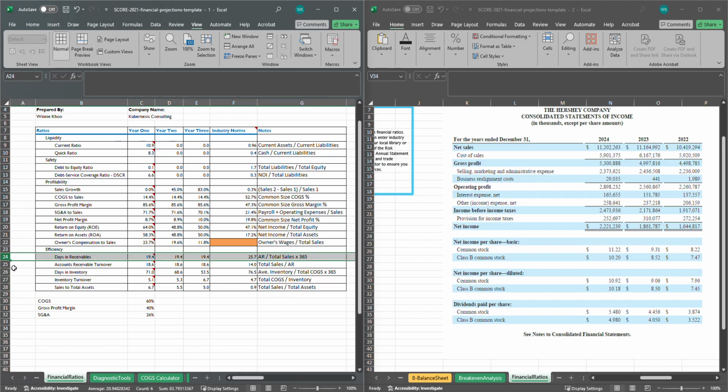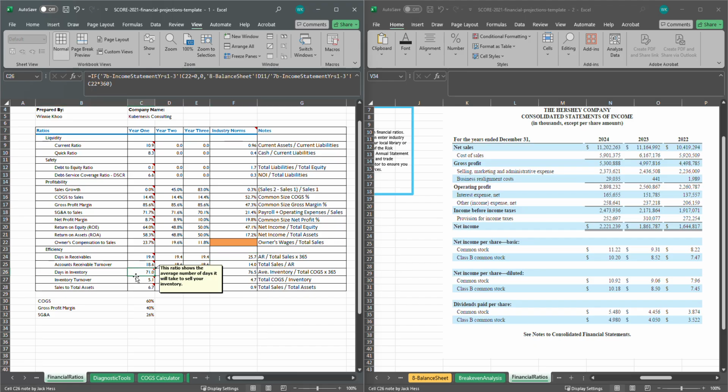If we compare just the turnover ratios, they're actually pretty close. Right now, I'm spending about 20 days in receivables. Hershey's has about 25 days. For days in inventory, we've got 71, and Hershey's is about 76, so they're about 5 days longer.